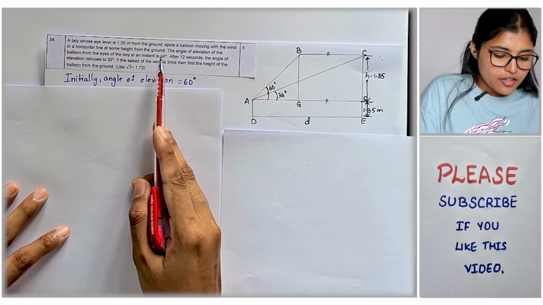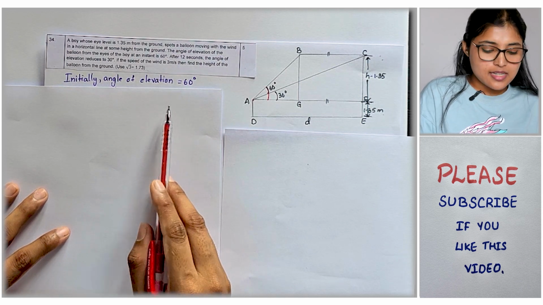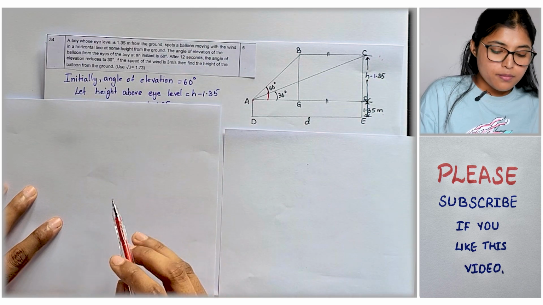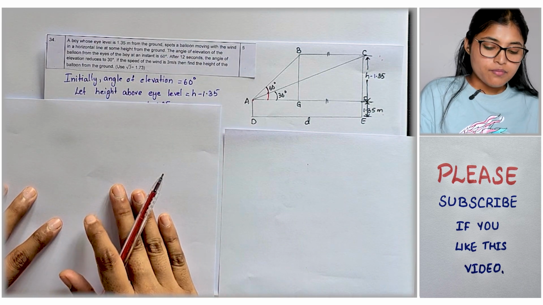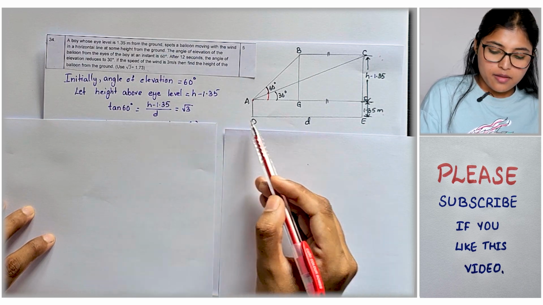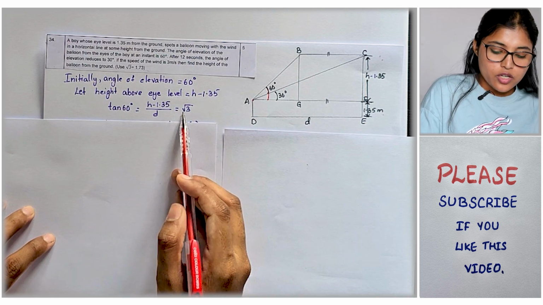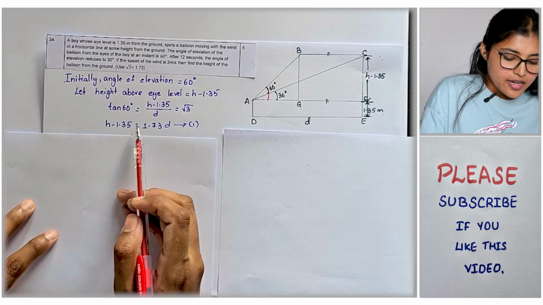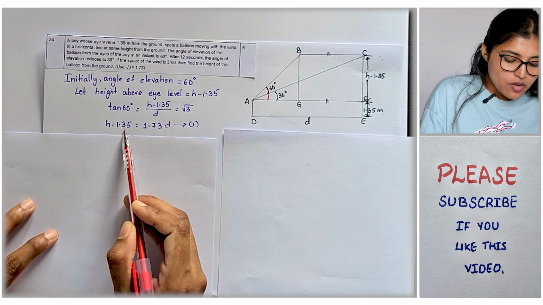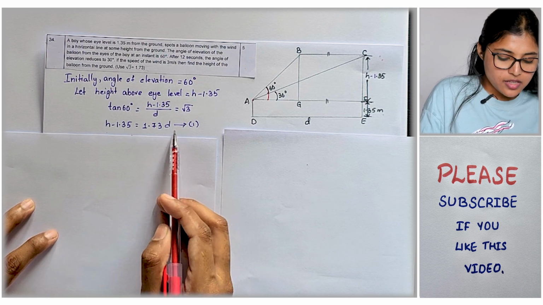Initially the angle of elevation is given to us as 60 degrees. Now let the height above the eye level be h minus 1.35. Now tan 60 will give me (h minus 1.35) by d, which is equal to root 3. Here I can write root 3 as 1.73 and this will become h minus 1.35 equals 1.73 into d.